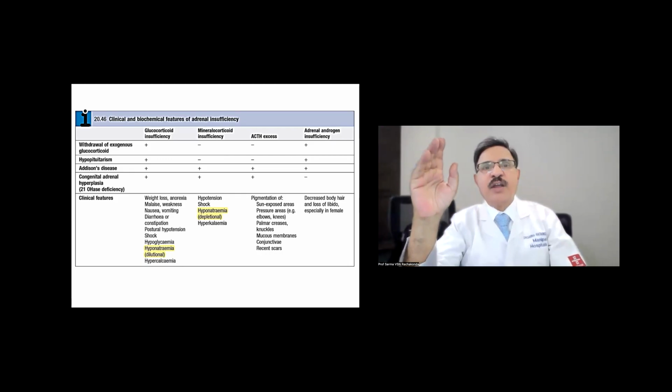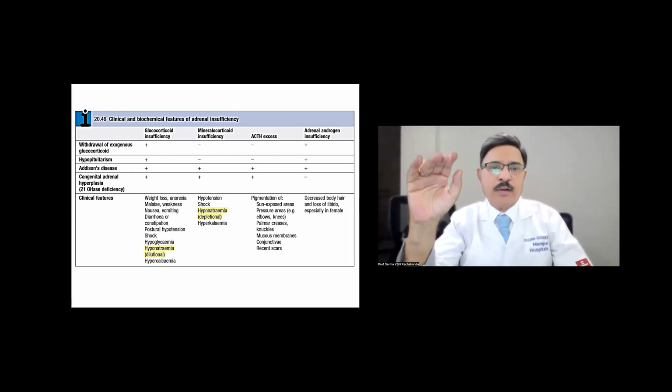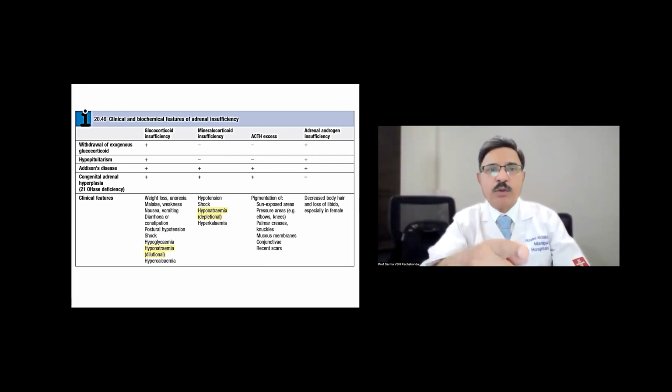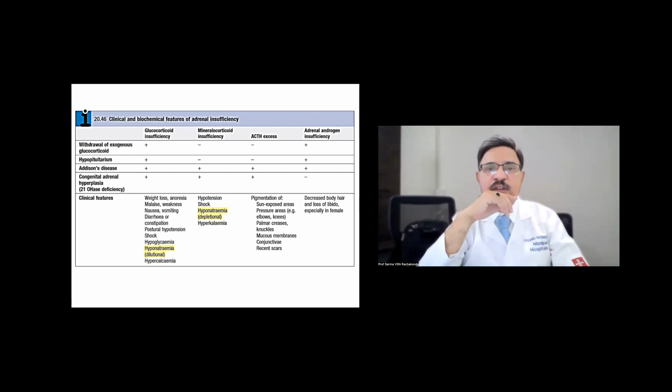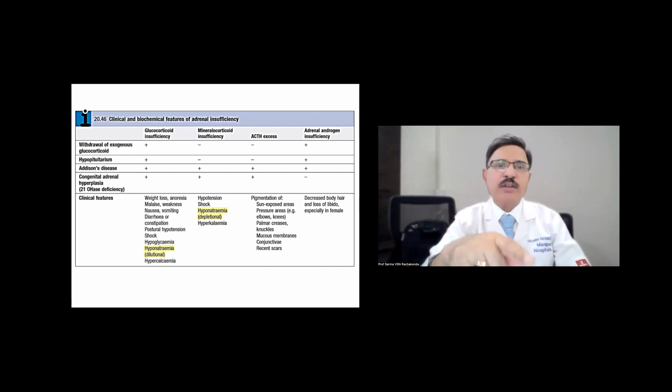Patient is hyponatremic, hypercalcemic, and hyperkalemic also. This is about the glucocorticoid, because here all these people are affected. Glucocorticoid deficiency produces all these things. But hyperkalemia is not that severe in glucocorticoid deficiency, because mineralocorticoid is spared. Generally it is not affected.